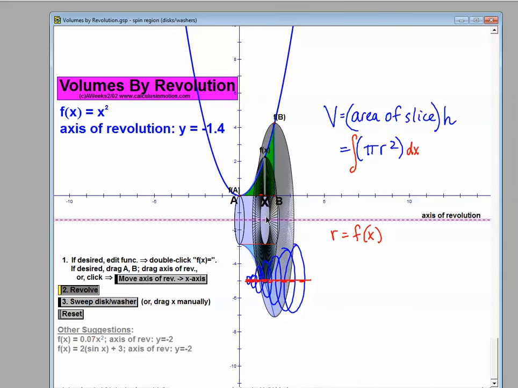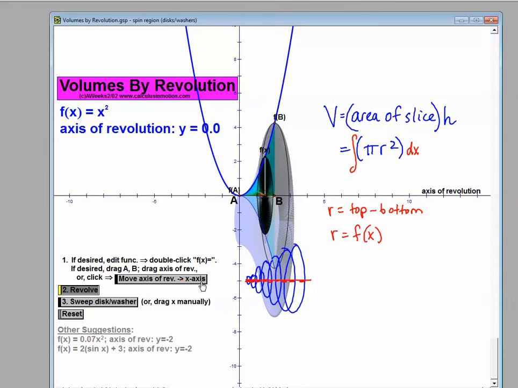A better way to think of it is if I'm measuring a length that's going up and down. Remember how we measured that in area? If I'm measuring a length that goes up and down, I'm measuring the top minus the bottom, the high values minus the low values. So it's f of x minus wherever it hits on the bottom. Now if I move my axis of rotation back to the x-axis, it's f of x minus y equals 0. So it's the function value, in this case, minus 0.